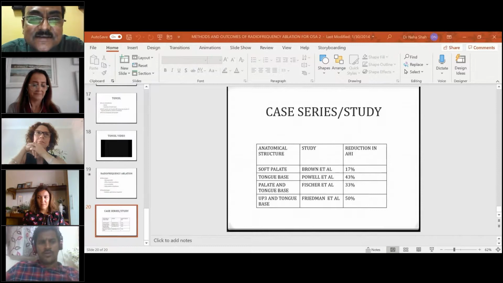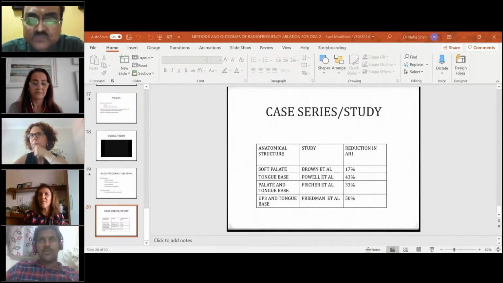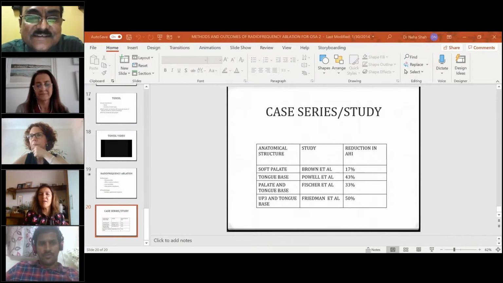Sorry, I do not get it. No, where do you work? Where do I work? I live in South Mumbai currently, and I have worked there only in the past. And where are you doing these radio frequency cases? Yes, I live in South Mumbai and I work currently in the past.